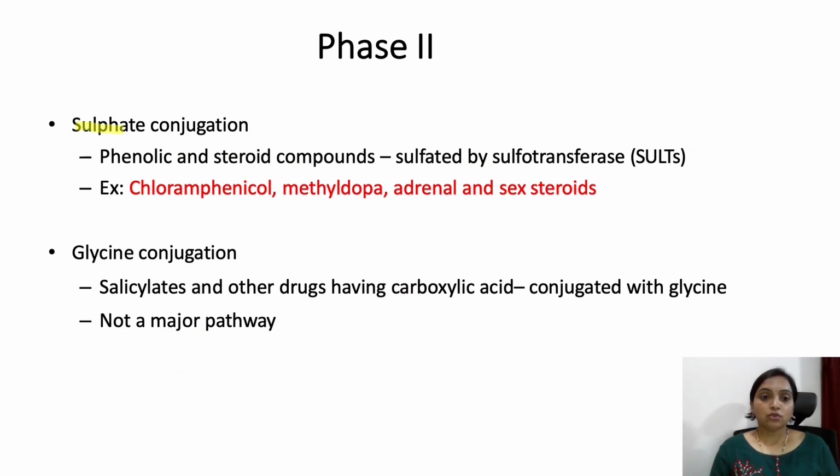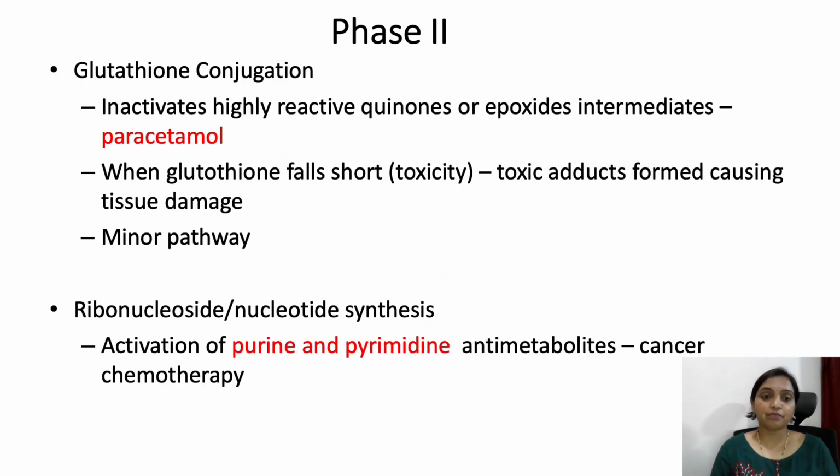And in phase 2 reaction, next we also have sulfate conjugation which occurs with phenolic or steroid compounds. Examples are chloramphenicol, methyldopa, adrenaline and sex hormones. Glycine conjugation, these are minor pathways. This mainly occurs with salicylate and other drugs which contain carboxylic acid. Okay, and they get conjugated with glycine.